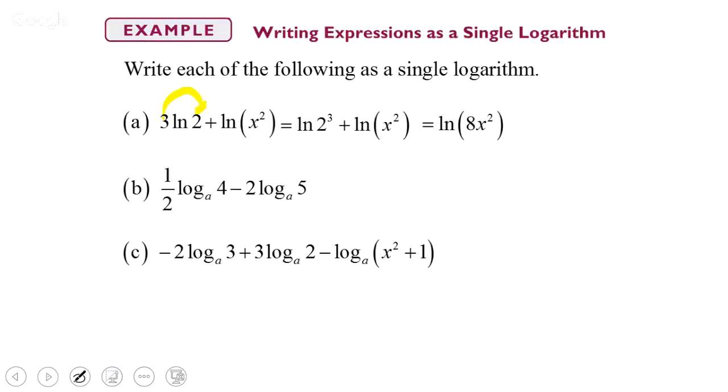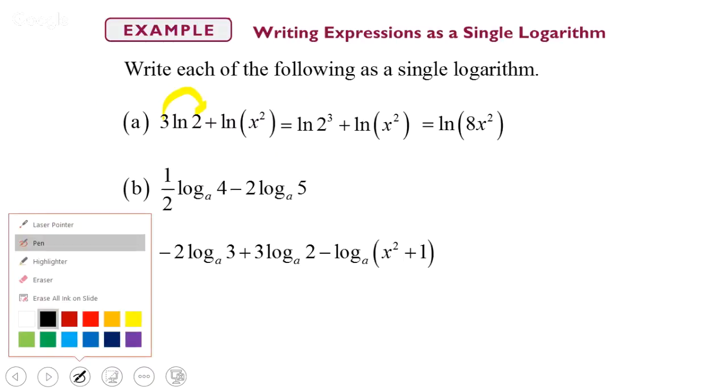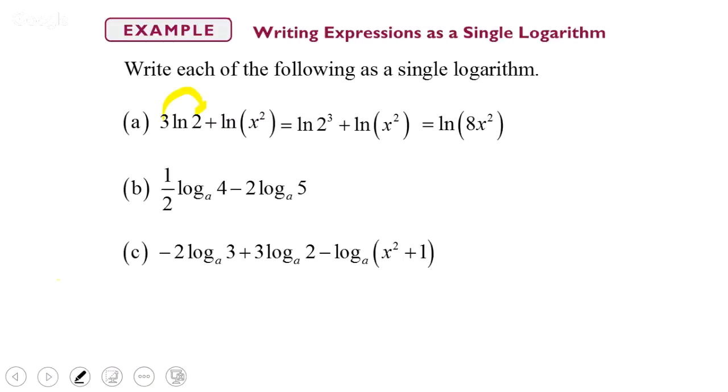Letter B. Once again, I have the 1/2 power in front, so I need to make it into a power. The 2 in the front is now going to be a power when I'm condensing. So I have 4 to the 1/2 minus log a 5 squared.